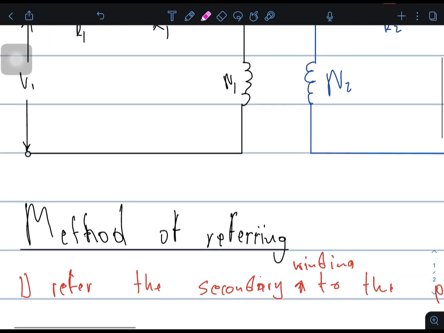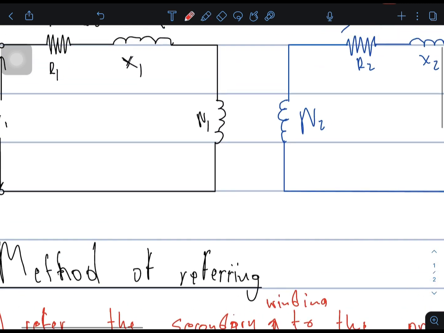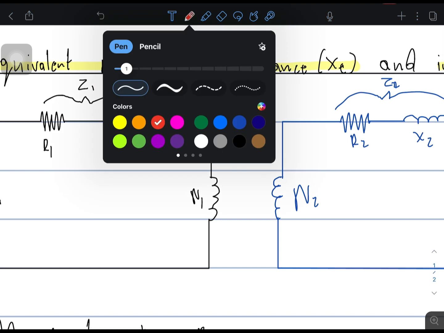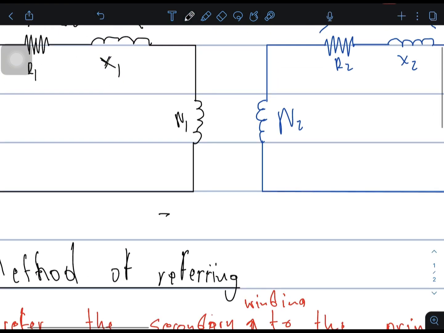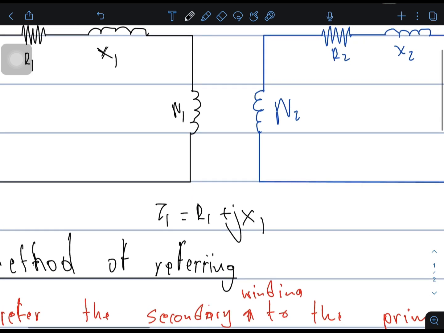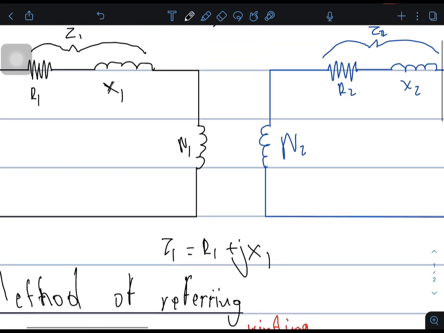Okay, let me write it down. The impedance of the primary winding, Z1, is given by R1 plus jX1. Why am I saying plus? This is a resistive inductive circuit.